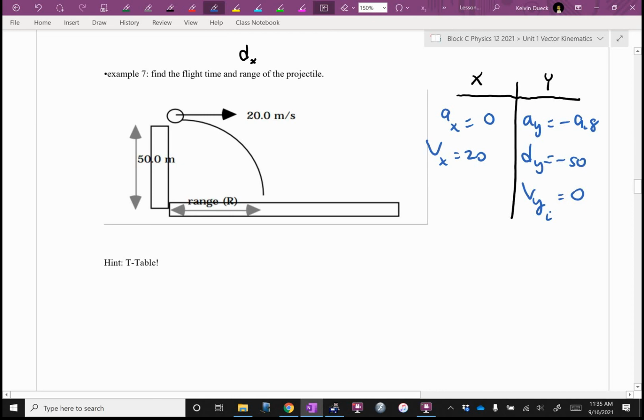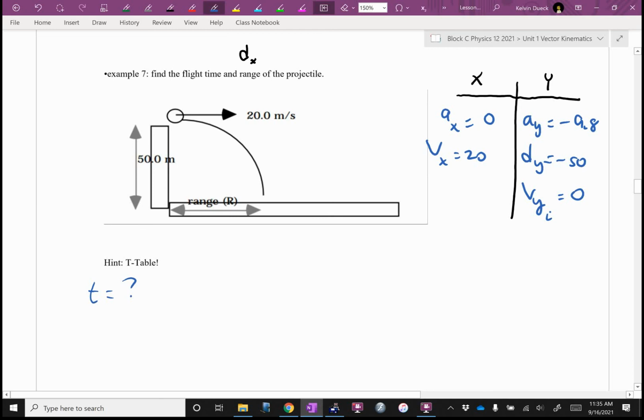Why didn't I bother putting an initial on Vx? What's my acceleration? Yeah, not changing, so I don't. Initial is final, it doesn't change. But my vertical velocity is going to change. Which column do I know three things in? I'm going to solve this vertically. So now I'm going to make a little note here: t equals question mark.